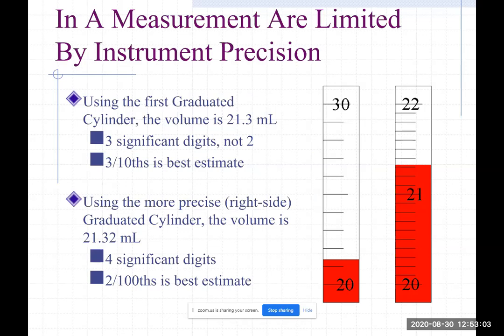Now you notice the value that the publisher has for the graduated cylinder on the left is 21.3 mLs, and for the graduated cylinder on the right, 21.32 mLs. Again, this inexact digit can vary a little bit. This is the inexact digit for the right side graduated cylinder, and your measurement would still be considered 100% correct.